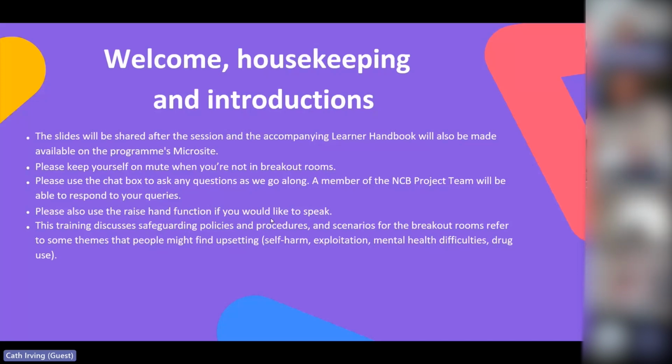But we will pop that learner handbook into the chat, so we will be using that learner handbook today, so you will need to have access to that. Particularly when we're looking at the scenarios later, we'll be using the scenarios within that handbook, but it's a really excellent resource. It's got lots of information in there covering all the things that I'm speaking about today and more in terms of the other required policies and procedures that you need to have in place as a supported accommodation provider.